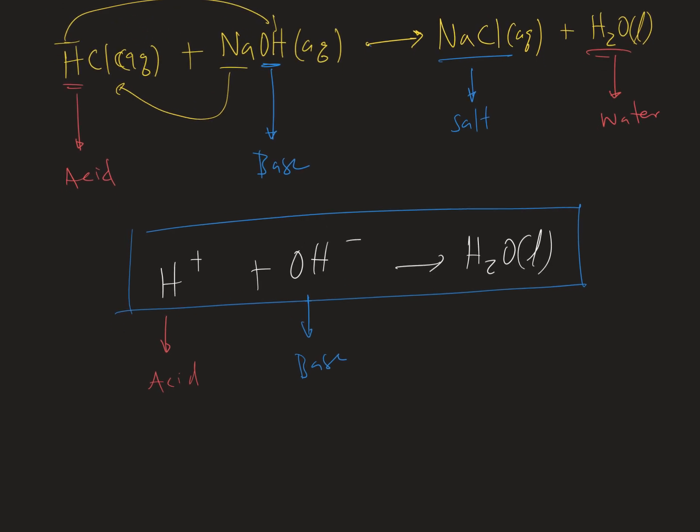How are we feeling? Can you recognize the difference between acid-base, precipitation, and oxidation reduction? Good. What's the easiest way to tell that it's not an oxidation reduction? Double replacement. And if it's double replacement, then it's either precipitation or acid-base. Any questions?